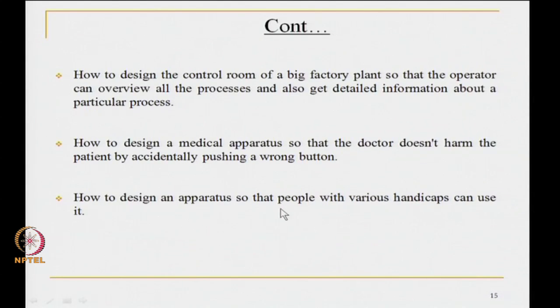How to design an apparatus so that people with various handicaps can use it, and this is becoming increasingly common, and there is a general feeling all around that handicap should be treated only as a challenge and not as a disability.